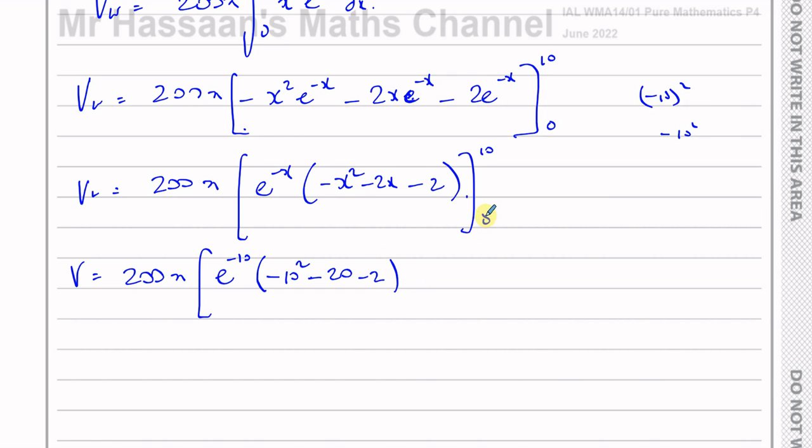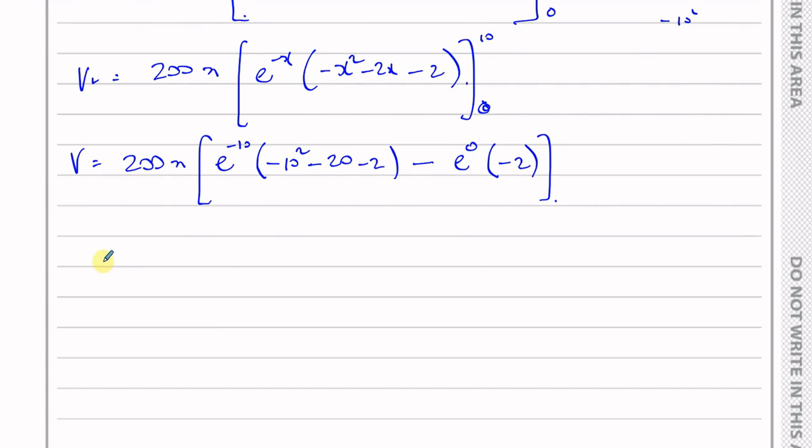And then I've also got to substitute 0 into this. So I take away e to the power of 0 times the expression. Substituting 0 gives 0 for the first two terms, so I'll be left with negative 2 there. So the volume of the whole thing is 200 pi times minus 122 e to the power of negative 10.